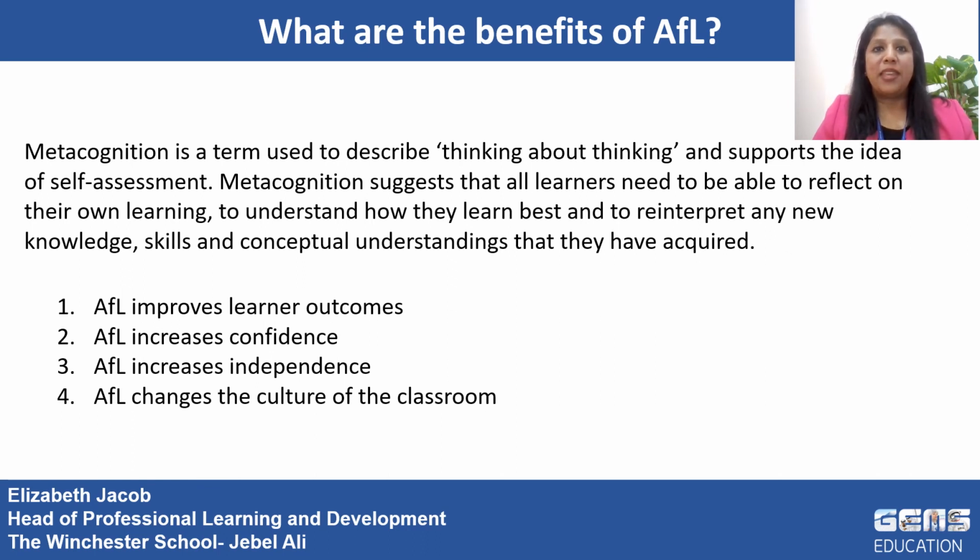Students will develop the ability to assess themselves and take responsibility for their own learning. This supports the development of the Cambridge Learner attributes, which say that Cambridge learners are confident, responsible, reflective, innovative, and engaged. An AFL approach also helps students to become enthusiastic lifelong learners.